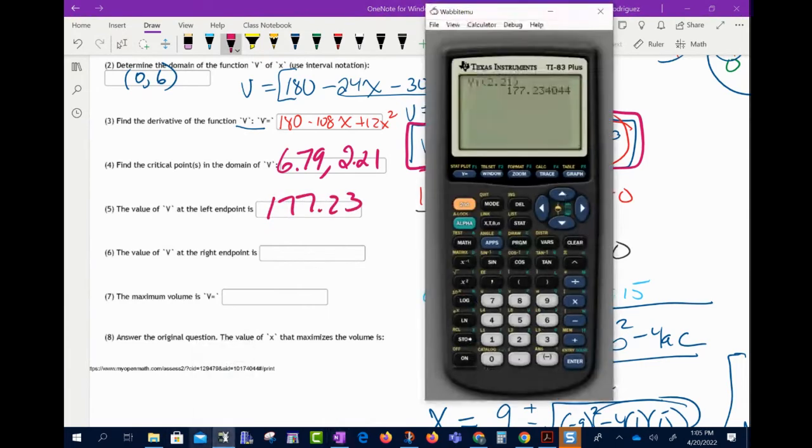Then we'll do this process again, but now we're going to evaluate it at 6.79, and look at the number we come up with here, negative 15.23.